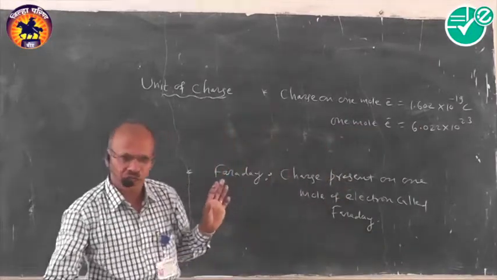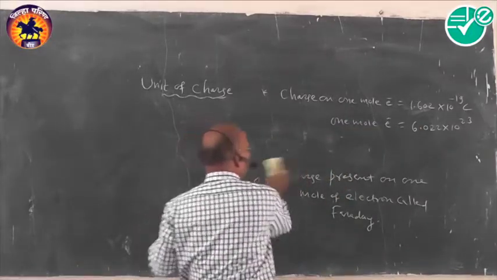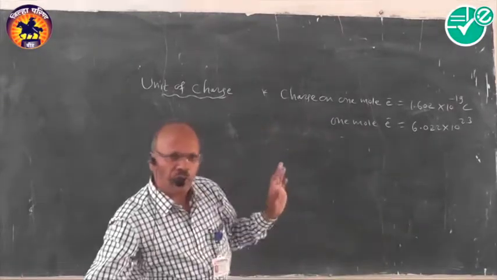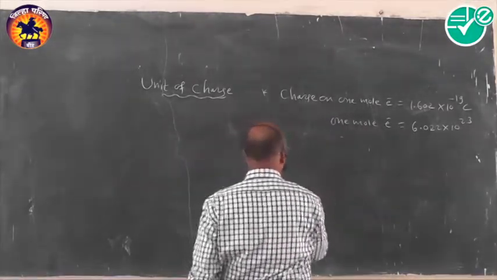So these are the values. If we work out the charge on 1 mole of electrons, we can write the equation like this.